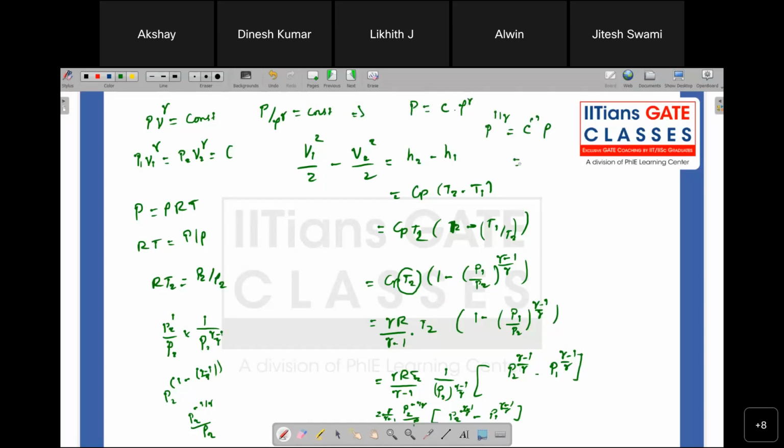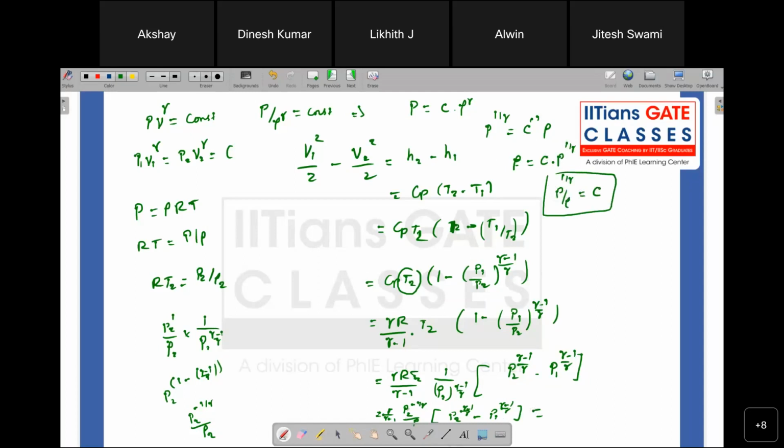So that becomes rho is equal to constant times P to the power of 1 by gamma, or P to the power of 1 by gamma times rho is equal to constant. So we have a similar form over here.